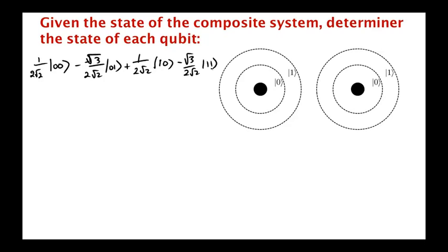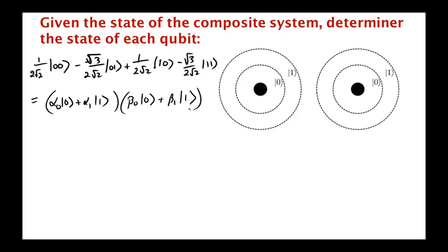Okay, so you're given the state of this system. Now you want to determine what's the state of each qubit. How would you do that? Well, the answer is clear. What you would do is you take the state and you would factor it in the form alpha 0 |0> plus alpha 1 |1> times beta 0 |0> plus beta 1 |1>.